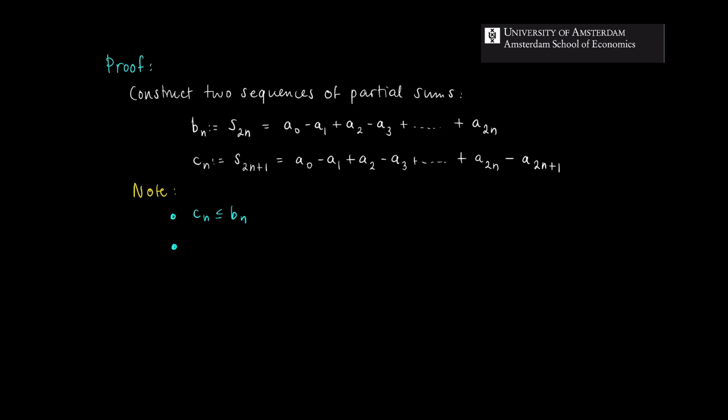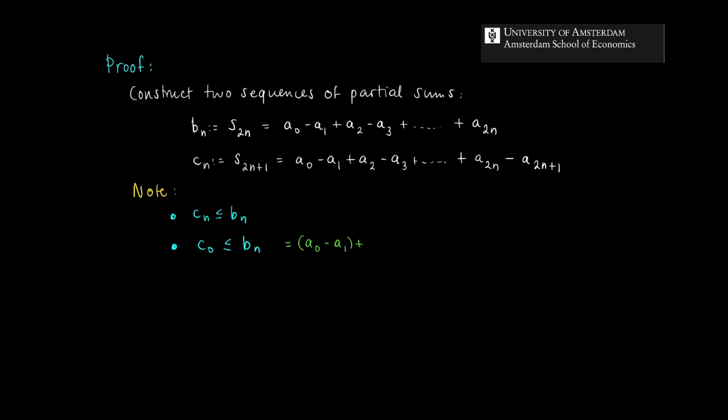Also, we have that C0 is smaller or equal than Bn for all n. Why is that? If we just group our terms as follows, Bn is a0 minus a1, which is a non-negative number, and a0 minus a1 is equal to C0.